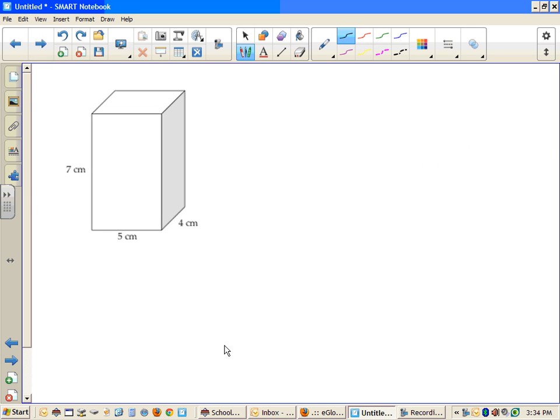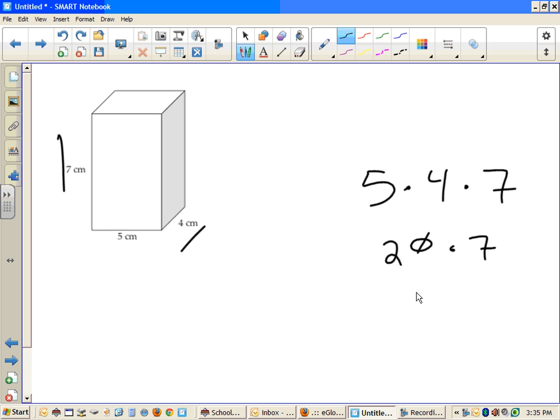Now, what happens if we don't have cubes? Well, life is easier. I know this side's 5, this side's 4, and the height is 7. Multiply them all together: 5 times 4 is 20, times 7. 20 times 7 is 140.